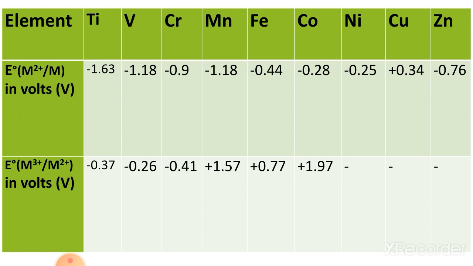So if one question arises: out of iron that has E naught value minus 0.44 and copper that has value plus 0.34, which behaves as reducing agent and which as oxidizing agent? In that condition, iron behaves as reducing agent due to its more negative E naught value, and copper behaves as oxidizing agent due to its more positive E naught value.